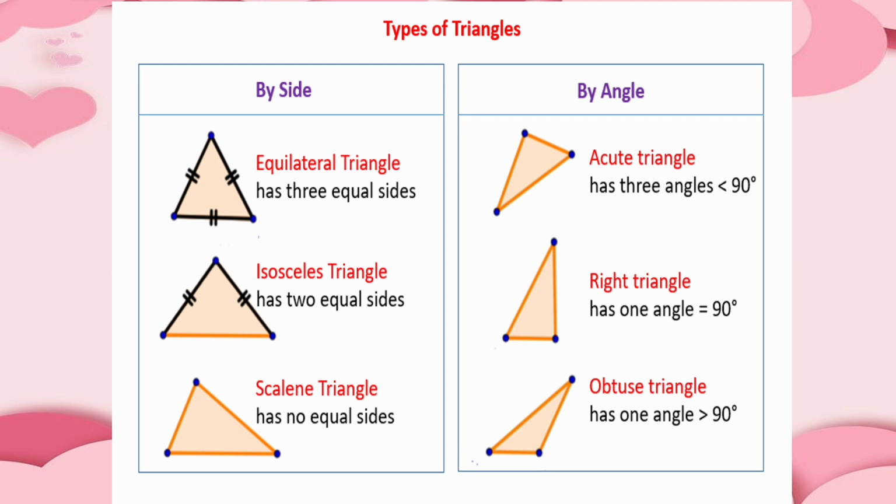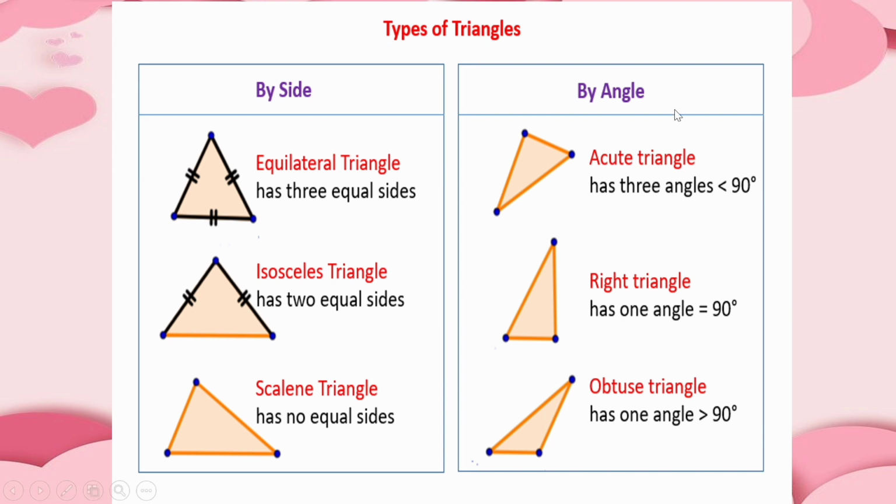So what's the greater than 90 degrees? For example, 95, 100, 120. Okay? So if the triangle has one angle that has more than 90 degrees, it is an obtuse triangle.